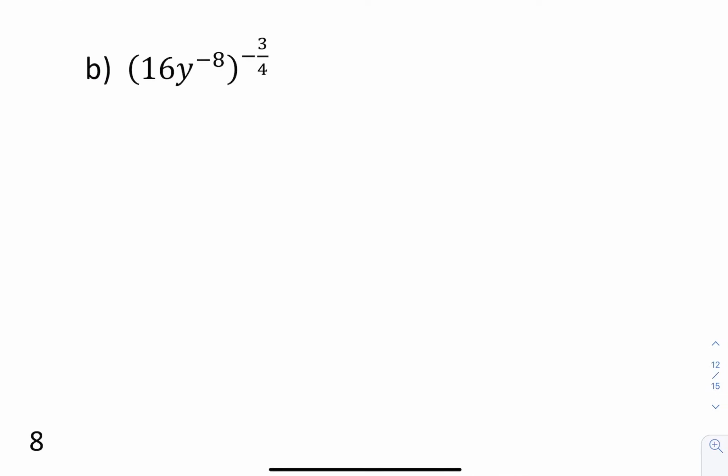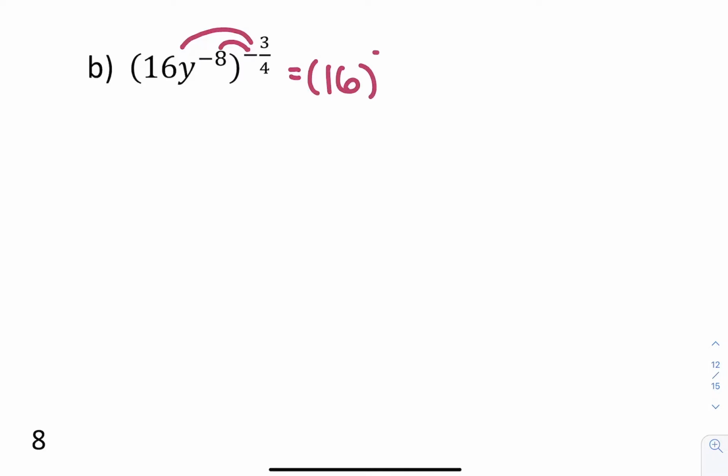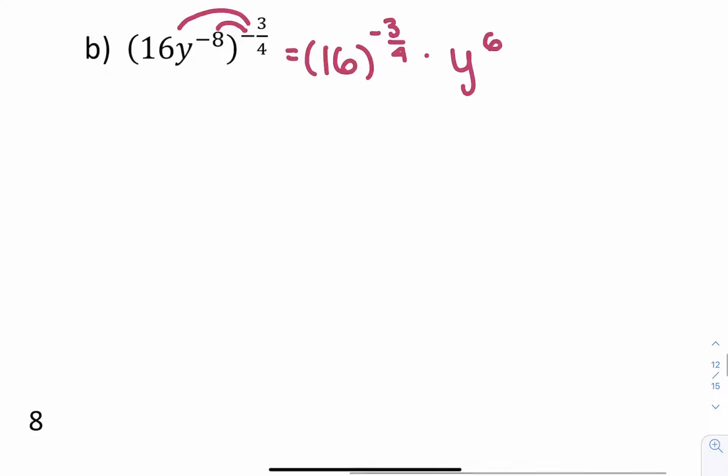Again, it can look really overwhelming at first, but just break it down part by part. So first thing I'm going to do is distribute my negative exponent. So I'm going to make this 16 to the negative 3/4 times y. Now negative 8 times negative 3/4 is going to be 24 divided by 4, which is 6. So the last thing I have to do is figure out the 16.